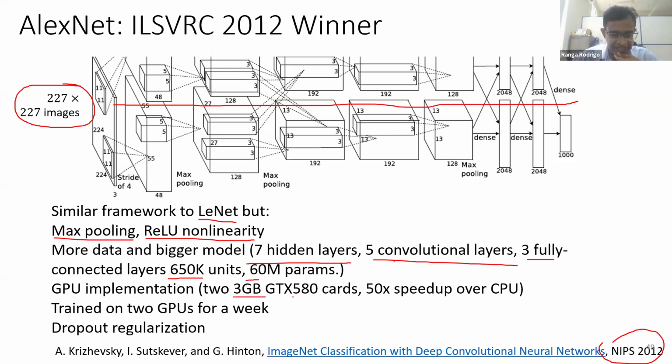And 2 GPUs, 3 GB NVIDIA GTX 580 cards, a 50 times speedup in comparison with the CPU implementation. But these were written by hand in C++ using CUDA. So dropout regularization and GPU training, all these things came because of this AlexNet.